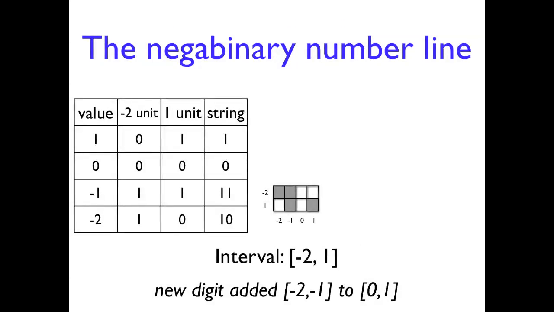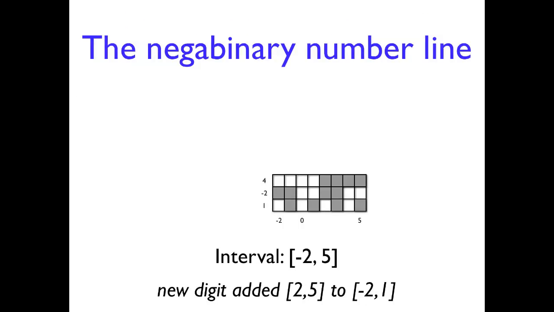What I'm going to do is show you a picture of the structure of the Negabinary number line. If we start with one digit, we get 0 and 1. If we add a new digit, then we get the numbers -2 and -1, because that's the -2's place.